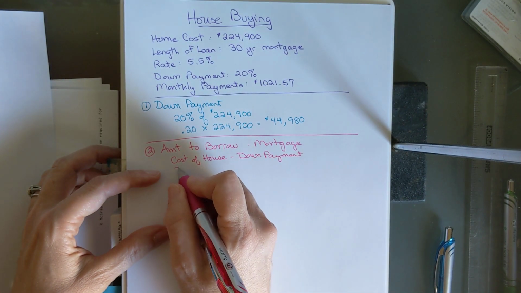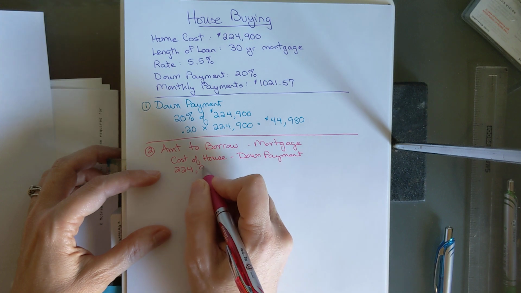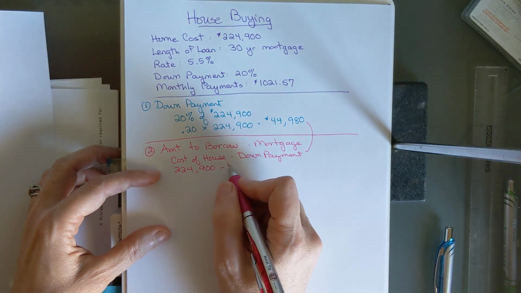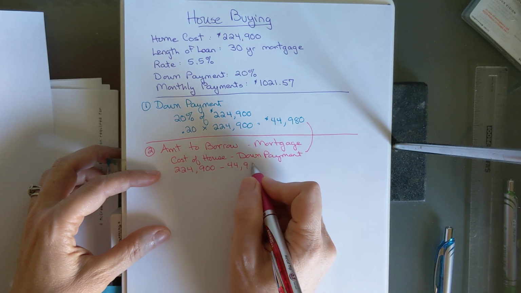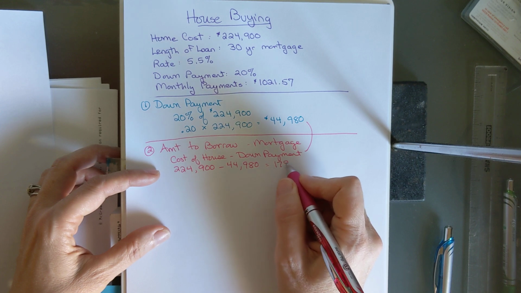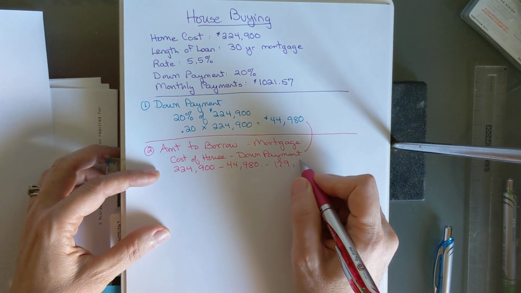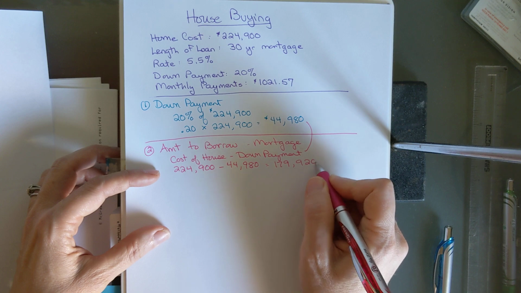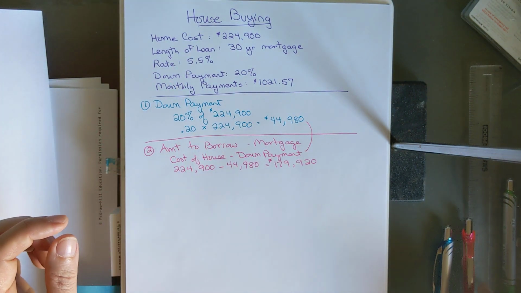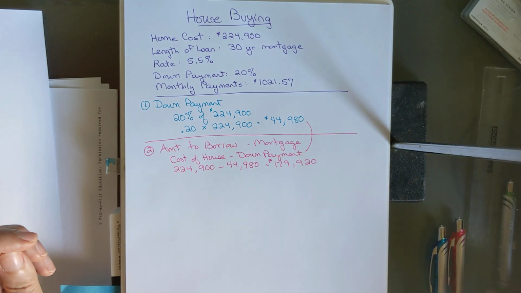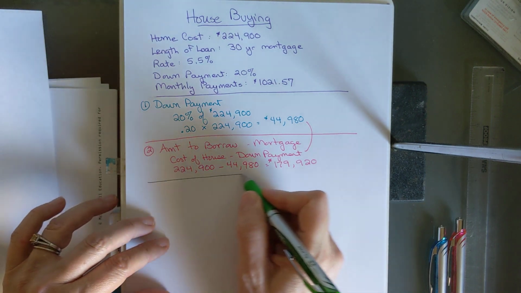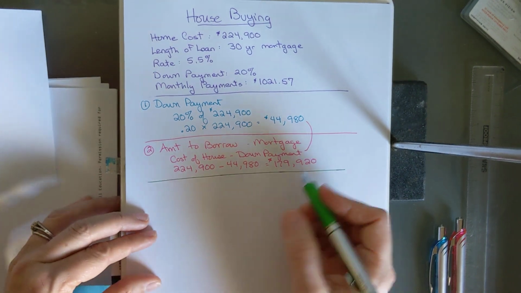So I'm going to go back to my $224,900 minus my down payment, which I just calculated, and I get $179,920 is how much I need to borrow from the bank. Now there are other things called points that are talked about later in the chapter, but we're just going to go with this for now.